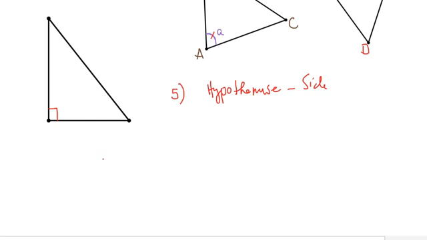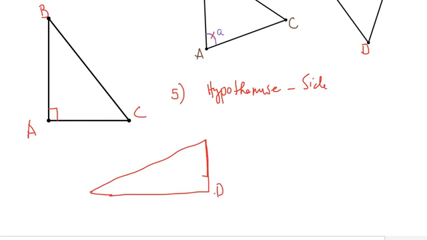So for example, I have another triangle here. And then I will say this is ABC, and then we have DEF, and this is a right triangle.